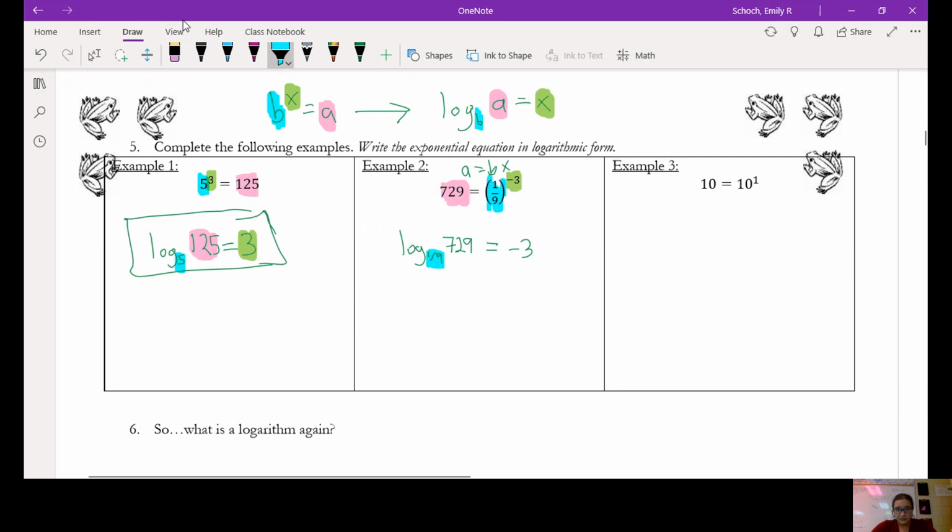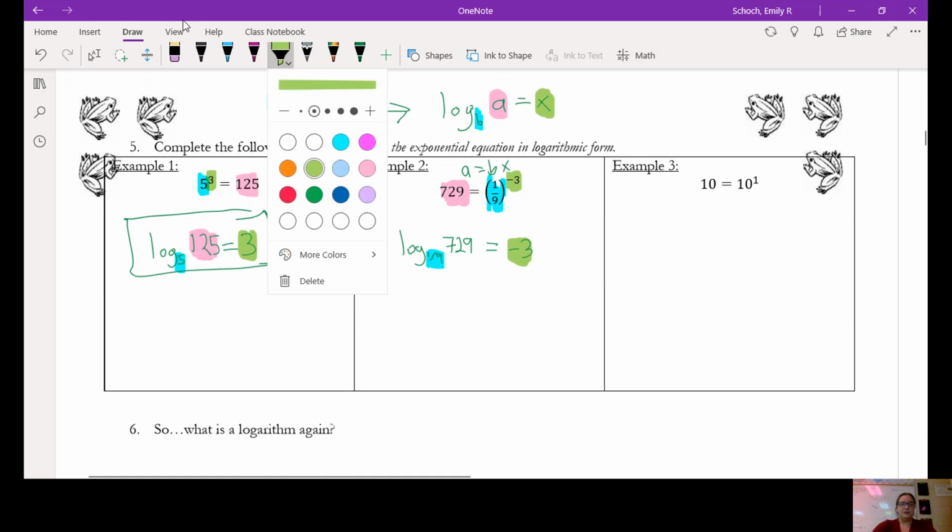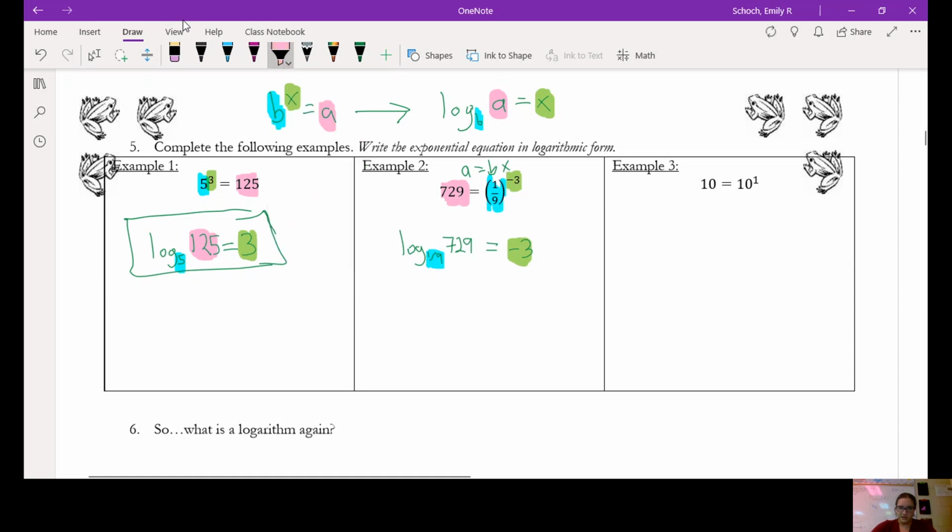Then the base is 1/9, and then I know it's going to equal the exponent, so I left some space and put equals my exponent, which is -3. Then the number left over, that 729, is what I'm taking the logarithm of. You can put this 729 in parentheses, like if you are putting a log in the calculator, it's probably going to pull up parentheses as soon as you start to do it.